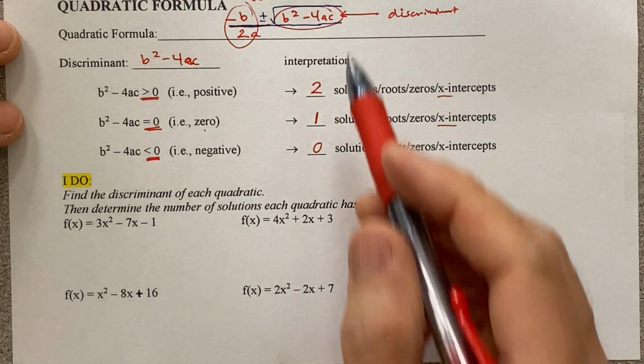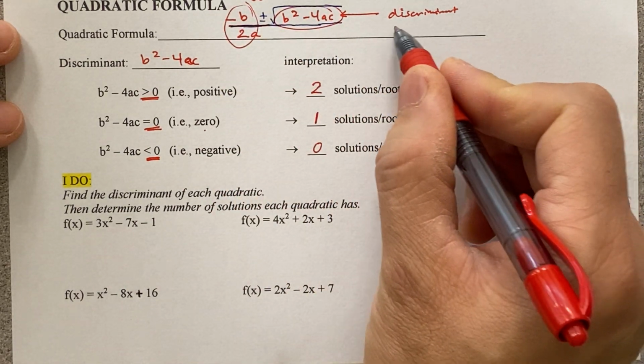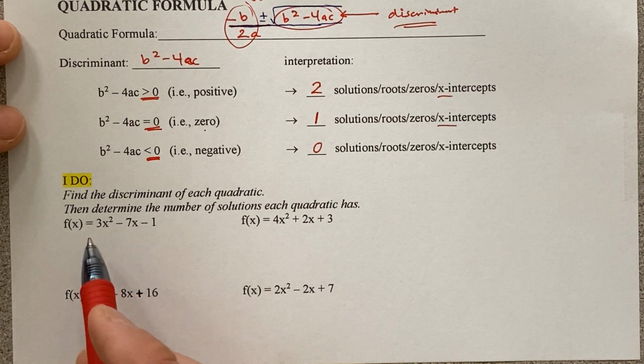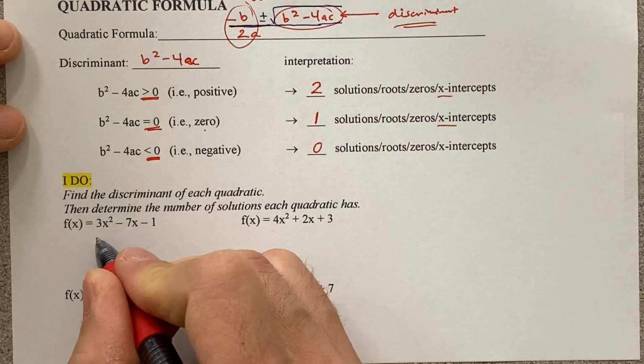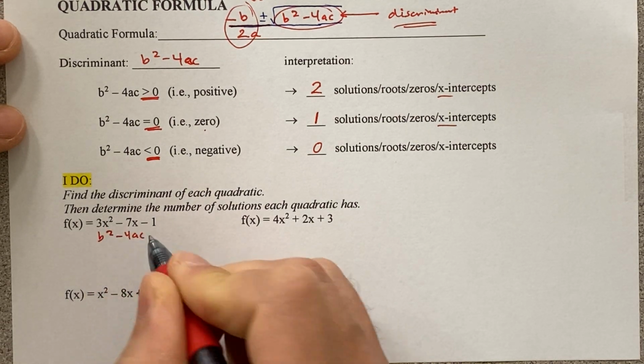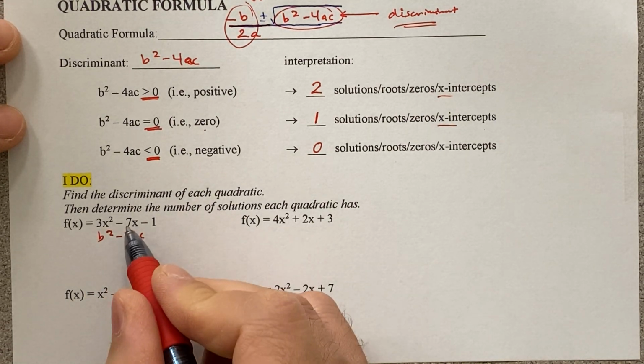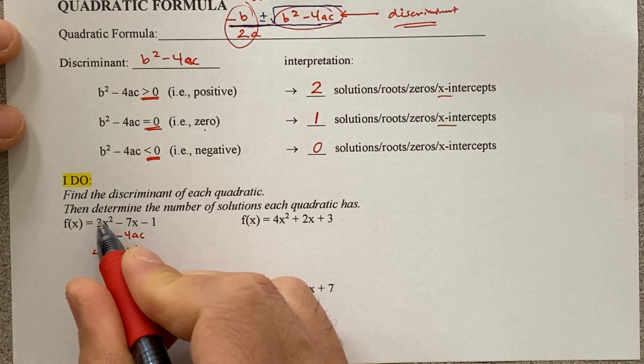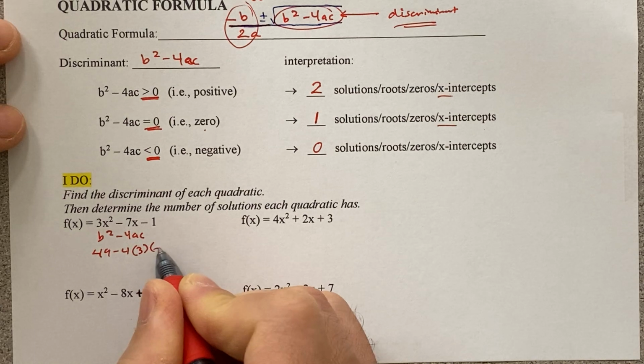So right now, we're not going to concentrate on the entire formula. We're just going to concentrate on this discriminant. I'm going to find the discriminant, and then determine how many answers my equation is going to have. Okay, so if I wanted to solve this equal to 0, I'm going to do b squared minus 4ac. So b is negative 7 squared. That's going to be 49 minus 4 times a, which is 3, times c, which is negative 1.